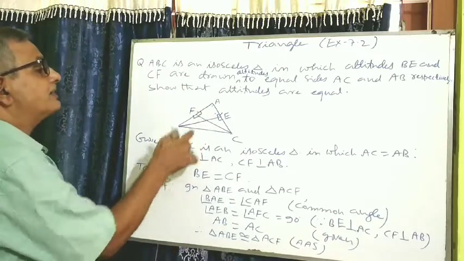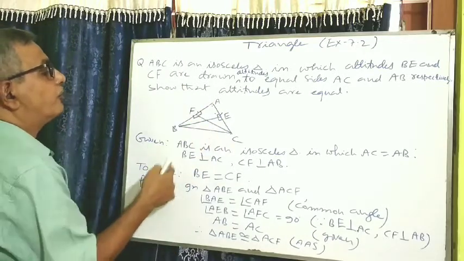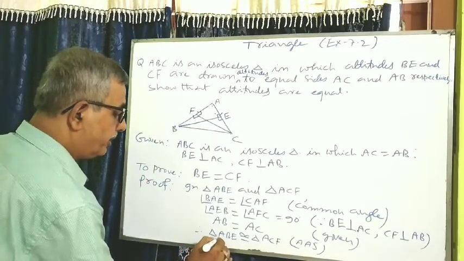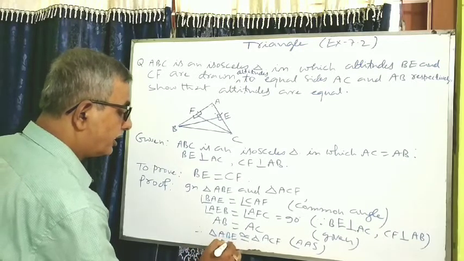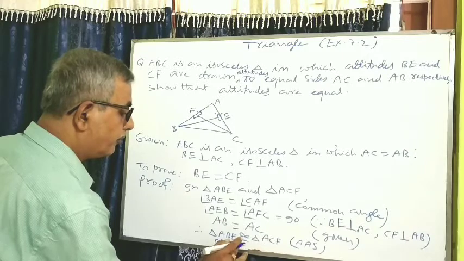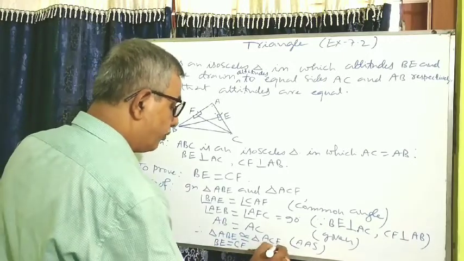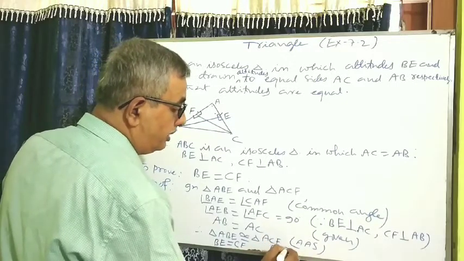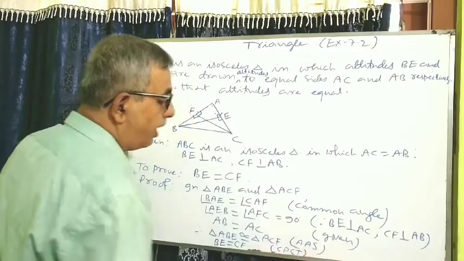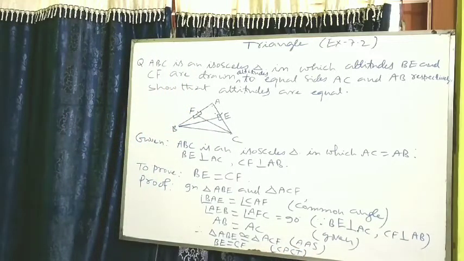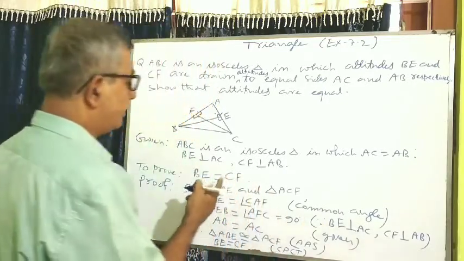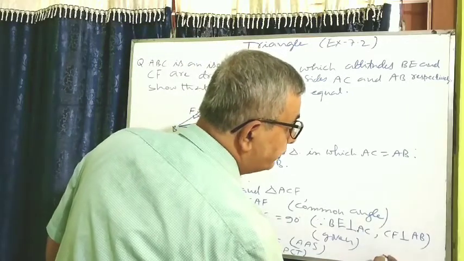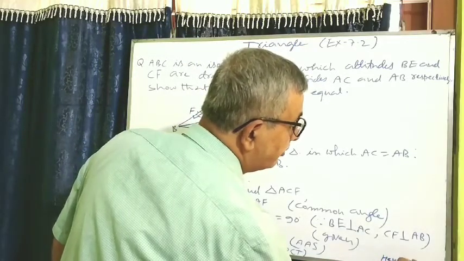When the two triangles are congruent, their corresponding sides should be equal. So you can write BE is equal to CF. What is the reason? CPCT. CPCT means corresponding parts of congruent triangles. Hence proved. That was to prove: BE is equal to CF. In the last, you have to write Hence proved.